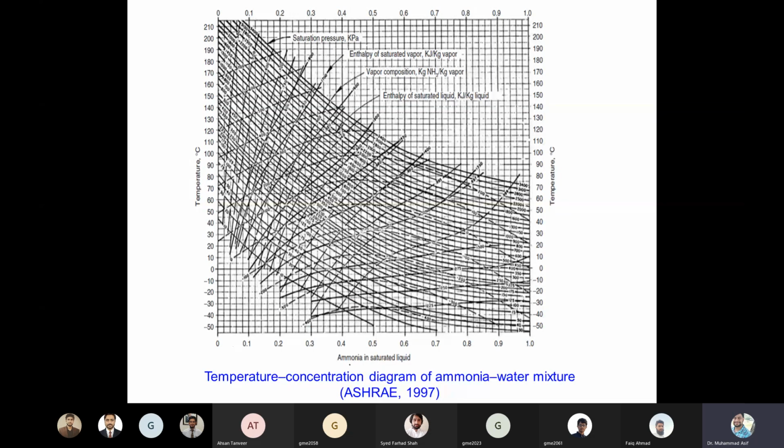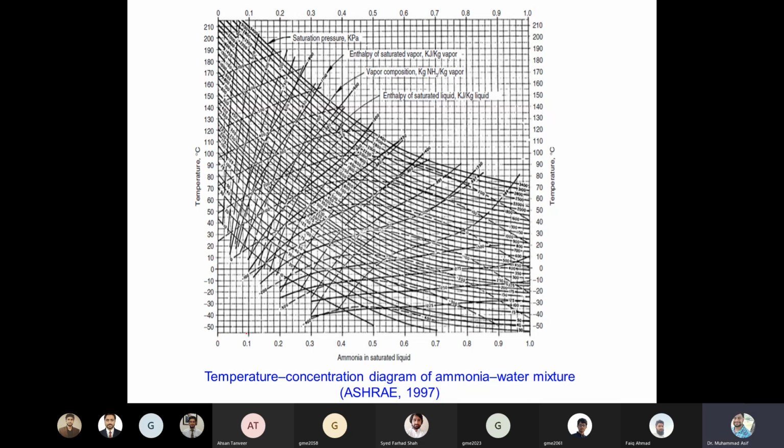Right, if you have various concentrations of ammonia in the refrigerant, when you use the ammonia water system, ammonia is the refrigerant, water is the absorbent. So when we say zero, that means the concentration of ammonia is zero at this point. That means you have just the water only, right?